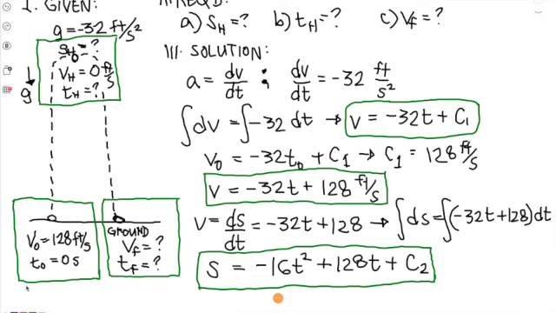Alright, so let me just write here that at this instant where we threw the stone and our reference point is the ground, our S sub O, or initial position, is also at 0 feet.